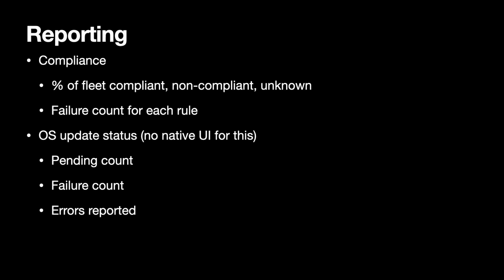We also use it for reporting on the new compliance stuff that's in Jamf Pro, because unfortunately there's nice UIs for a lot of the stuff in Jamf Pro, but there isn't any way to generate or export a report yet. So we use the API and a bunch of smart groups to determine what percentage of the fleet are compliant and also which rules they're failing on, and just spit this out as a CSV file that we can then import into Excel or whatever to tidy up.